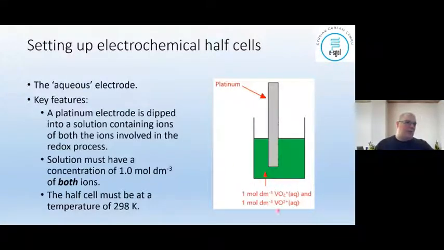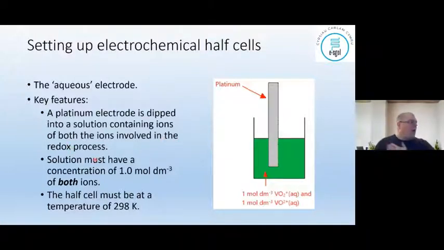So these two are both in solution, and you're oxidizing or reducing these ions from one into the other. The platinum electrode is not involved in the redox at all. It just acts as an interface between the circuit and the solution.